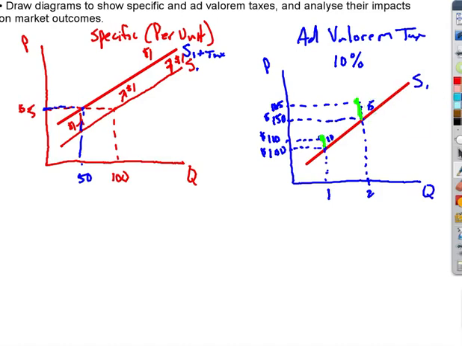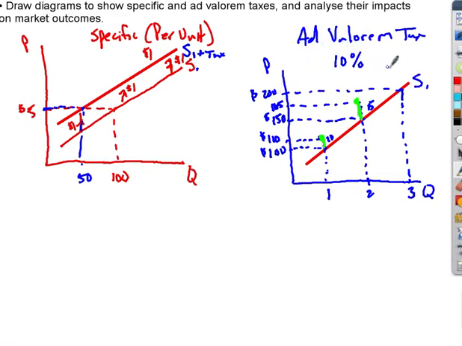Let's do one more. Let's say that 3 units, and again, this is going to be off scale, so I apologize, but let's say 3 units at a price of $200, they'll sell 3 units to us, and so we need to plot the new line. And so what would the ad valorem tax be on this?